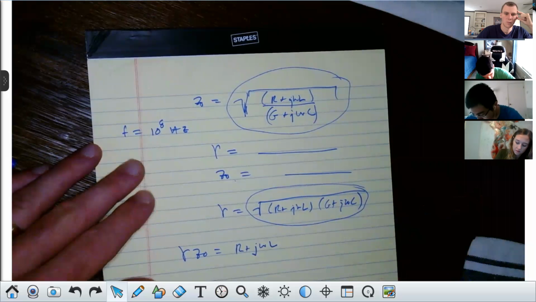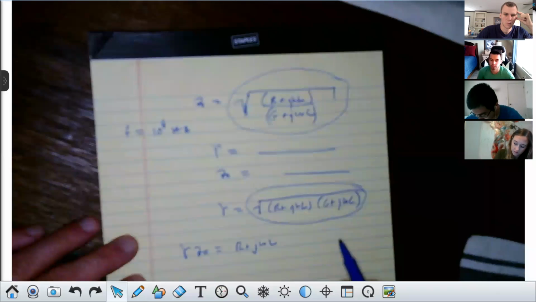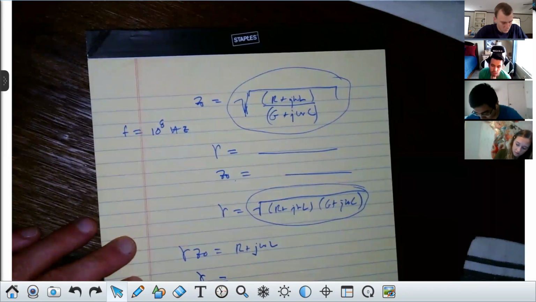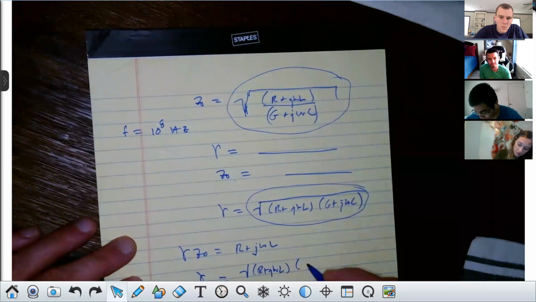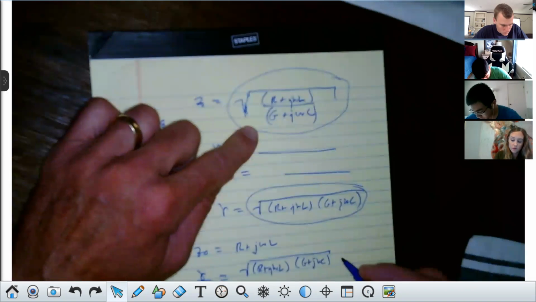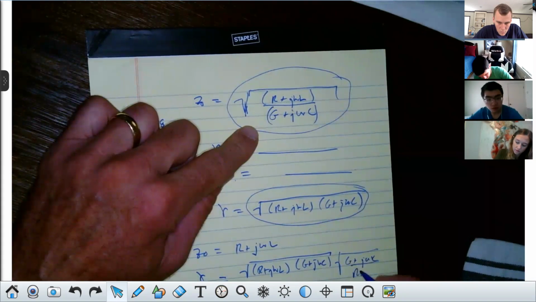And then the second part is if we want G plus J omega C, if I take gamma and divide by Z naught, what happens? Well, gamma is this, right? I'll even write it out. It's the square root of R plus J omega L times G plus J omega C. And if I divide it by Z naught, it's 1 over this, or the square root of G plus J omega C over R plus J omega L, right?